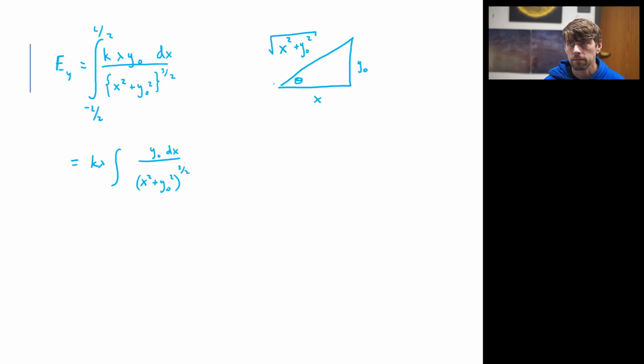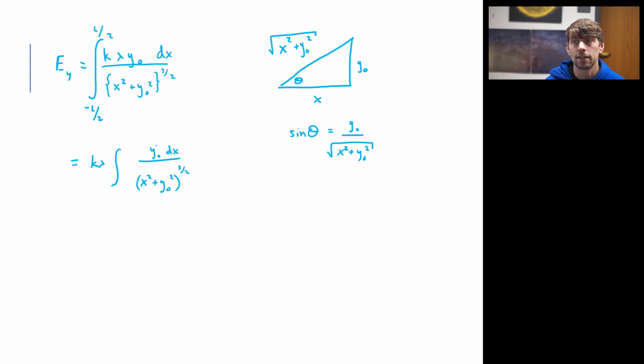It won't matter where you put things, as long as you remember the Pythagorean theorem. With how I have my triangle set up, sine of theta is equal to y naught over x squared plus y naught squared, square rooted.